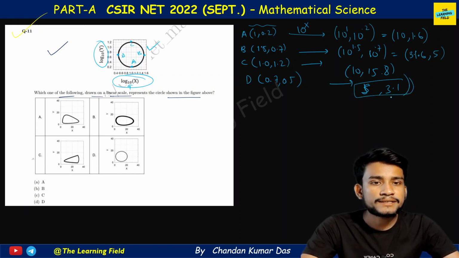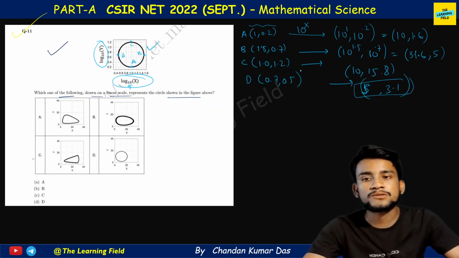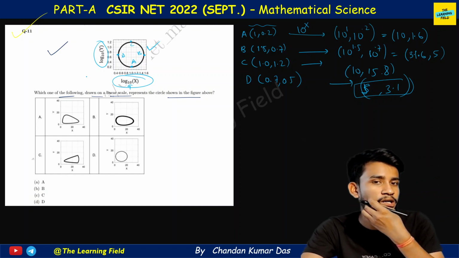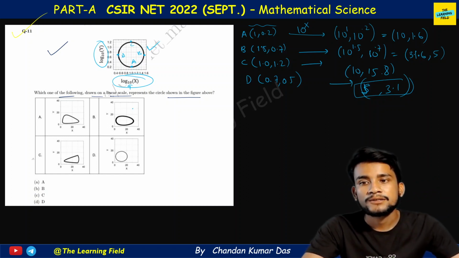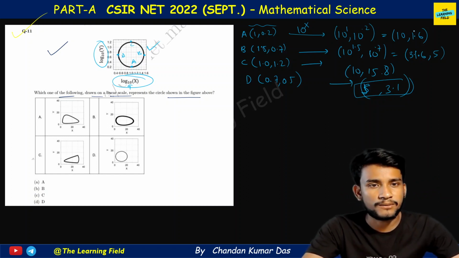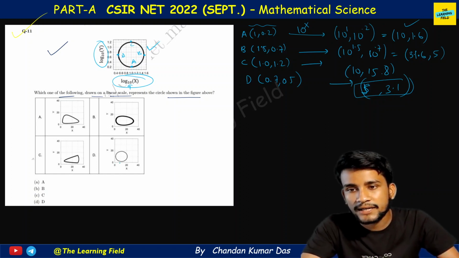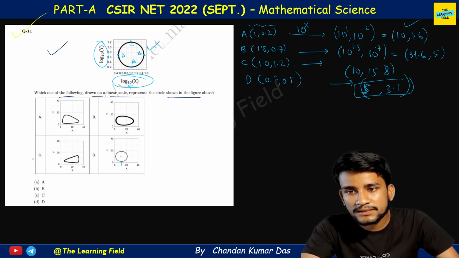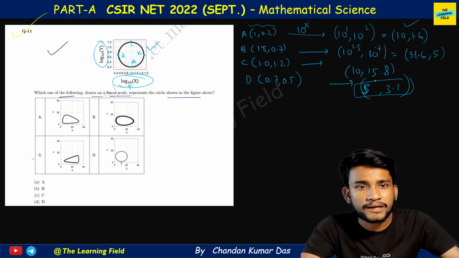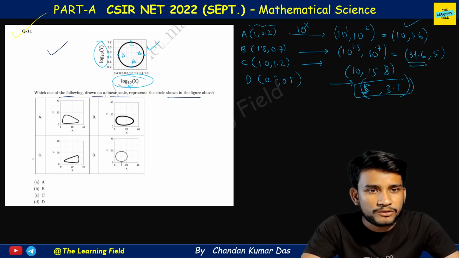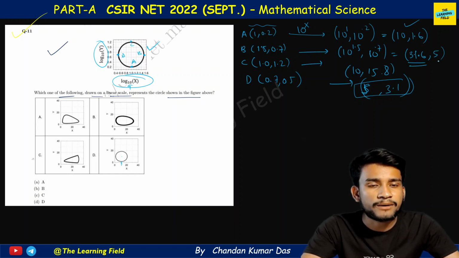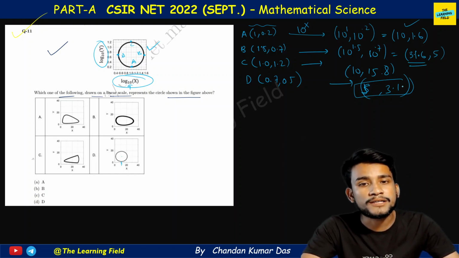So in the linear scale, these 4 points we get from this circle, the boundary you can say. So on the boundary you get these points in the linear scale. So 10, 1.6. Here we see point B, 31.6 and 5, which is on the boundary in the linear scale.